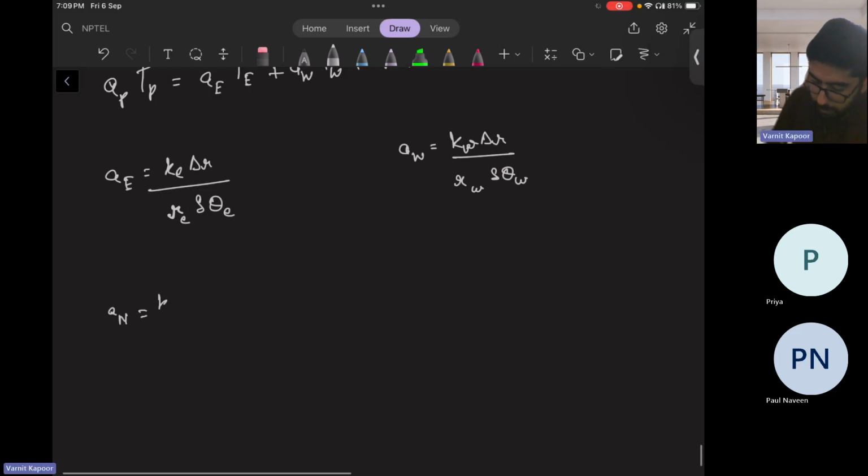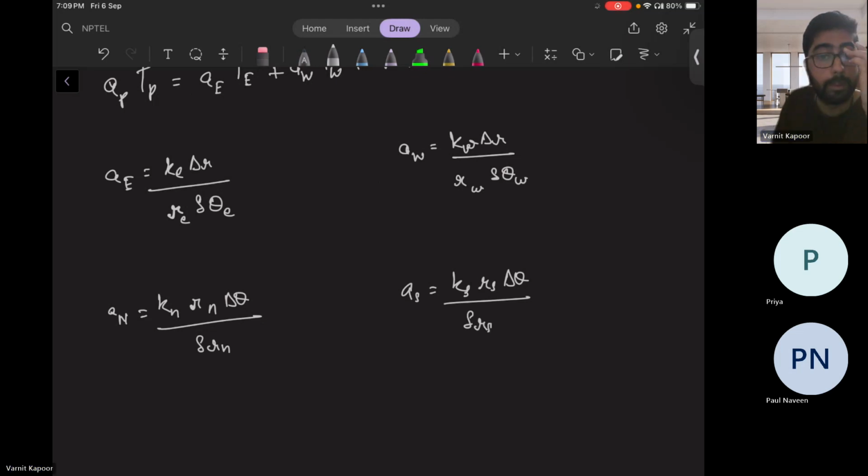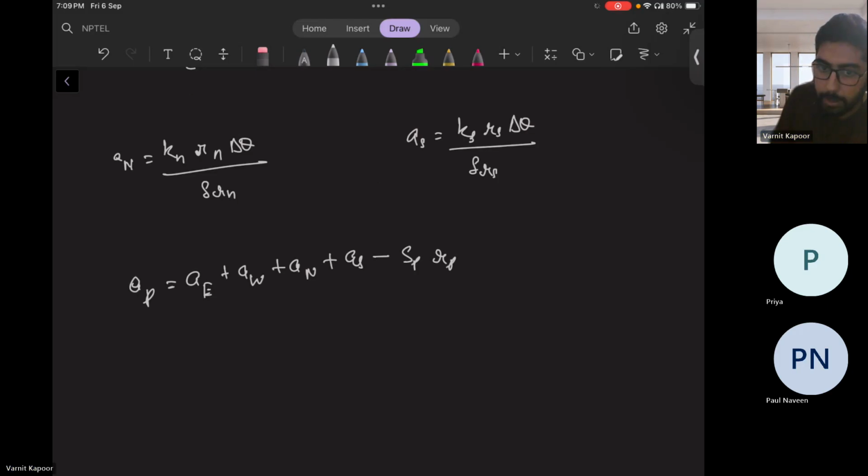A north will be Kn Rn del theta over del Rn, and A south will be Ks Rs del theta over del Rs. And AP is nothing but summation of all the neighboring terms. That is A east plus A west plus A north plus A south minus the source term SP RP del R del theta. Here, this is your B term.